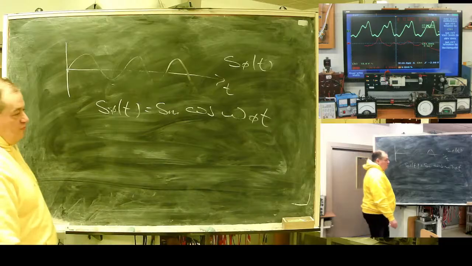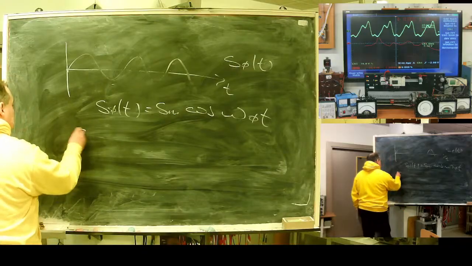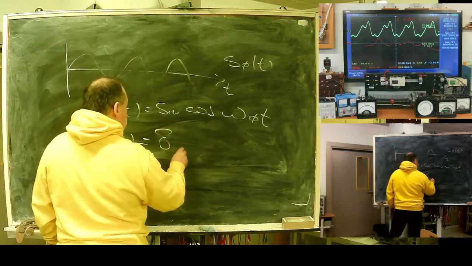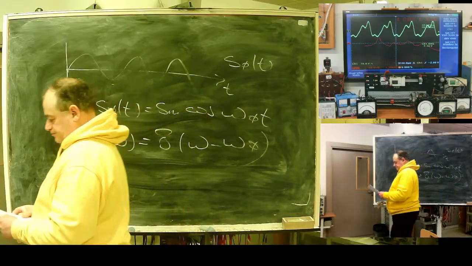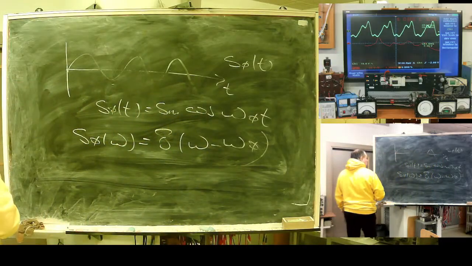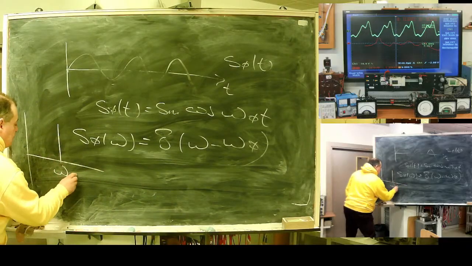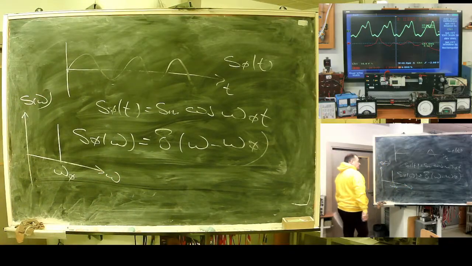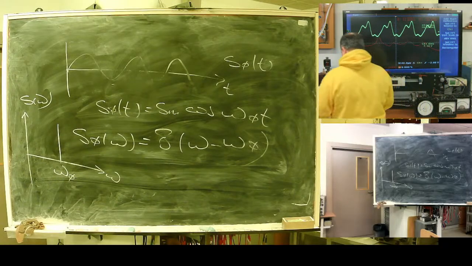If we perform the real Fourier transform, we get this as a function of frequency. So in frequency space, it's a delta function of omega 0. Its spectrum should be one infinitely thin line at the frequency omega 0.